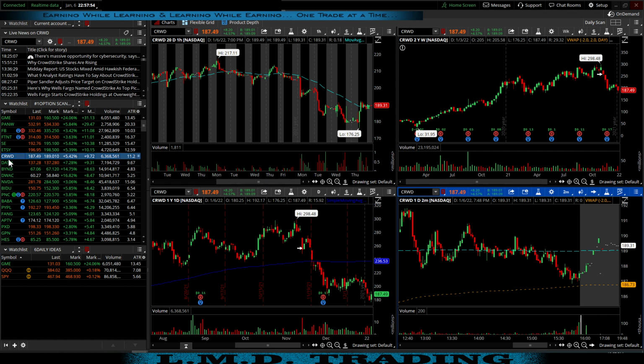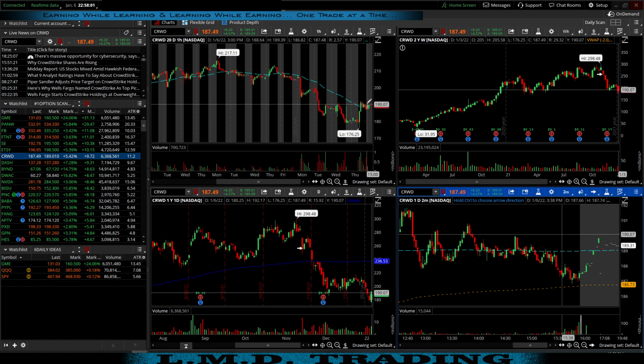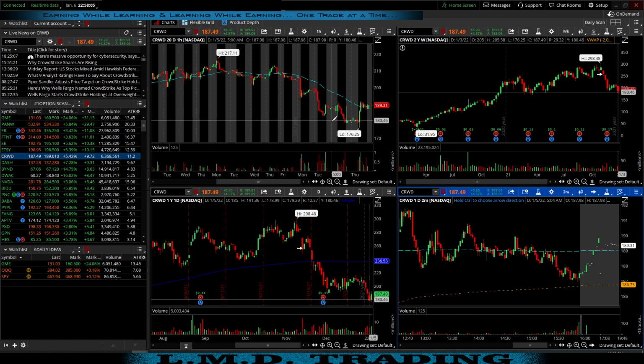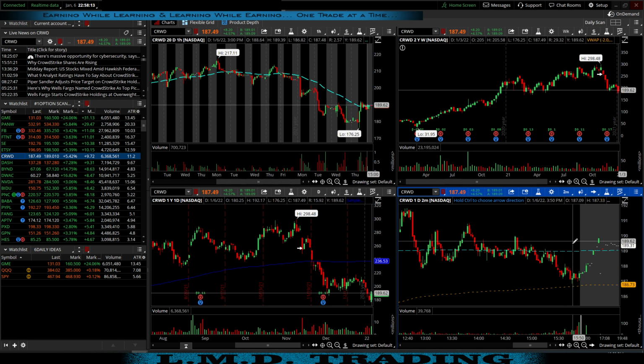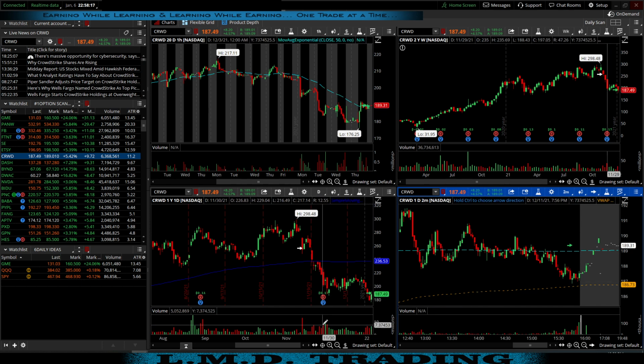Next one is CRWD. This one, it's right at it and kind of getting over it. So this one would be one that I would keep on the radar. So I would go ahead and go to the next step. We'll find the price, click, and drop an arrow on the chart.